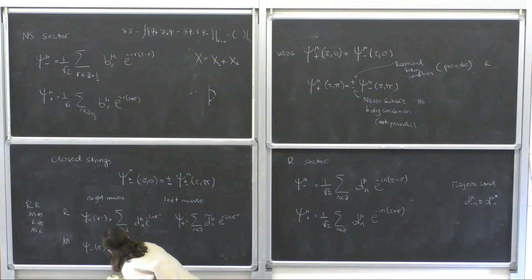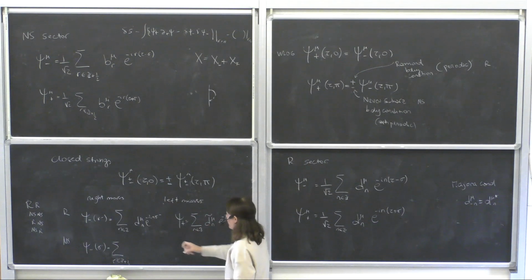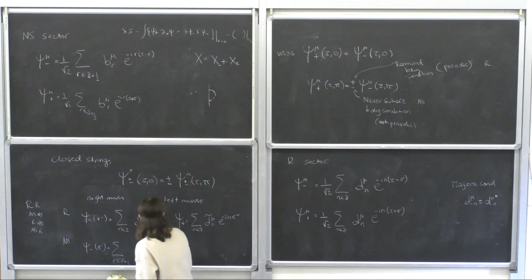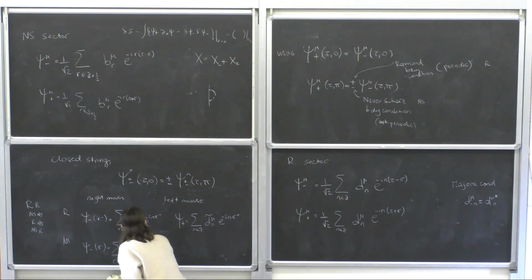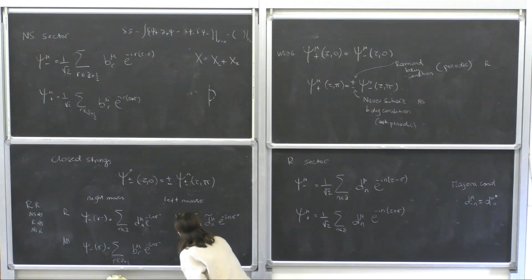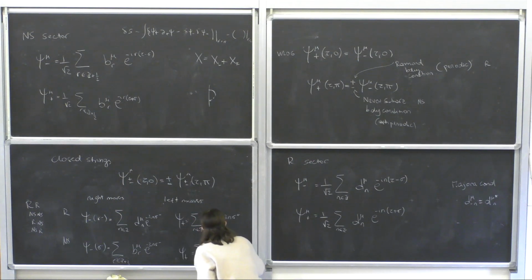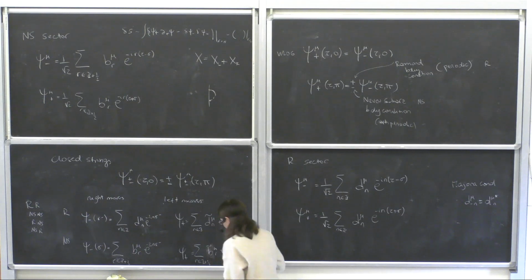But yeah, I guess we're more used to using n for integers and r for half integers. And these modes are b mu r e to the minus 2in sigma minus. And here, psi plus equals the sum over r of b tilde mu r e to the minus 2in sigma plus.